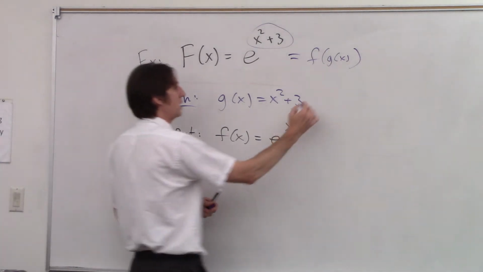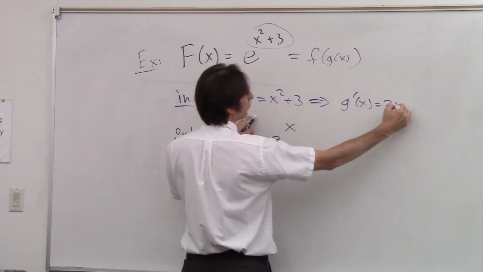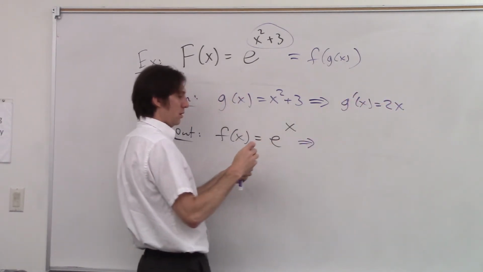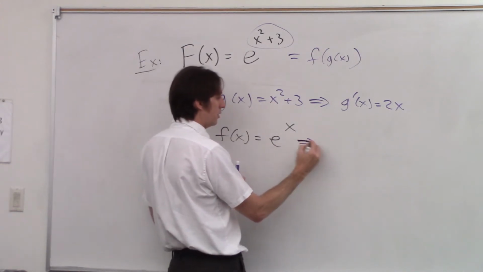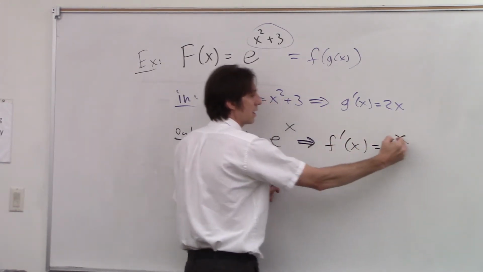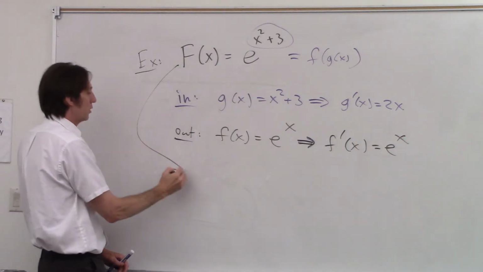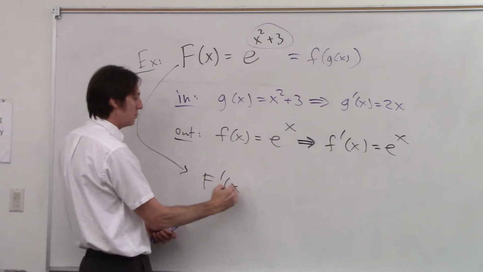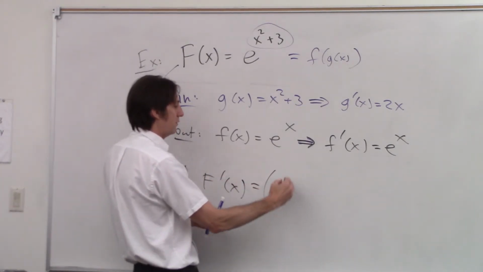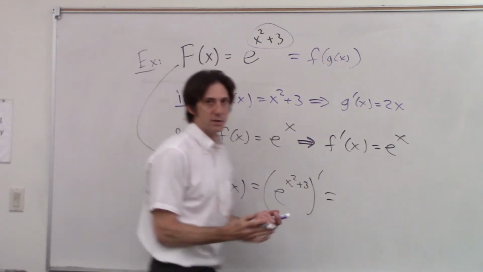With the chain rule, I need both derivatives. The derivative of g is g prime equals 2x. The derivative of e to the x, by now we like this one quite a bit, f prime of x is e to the x, just itself. So, if I go to compute the derivative of e to the x squared plus 3, what do I get?